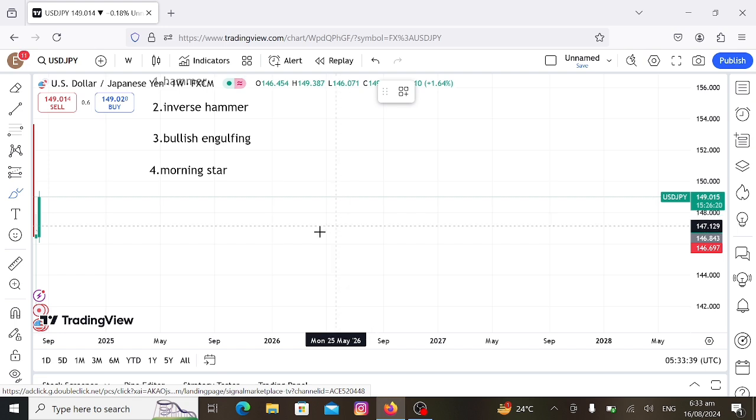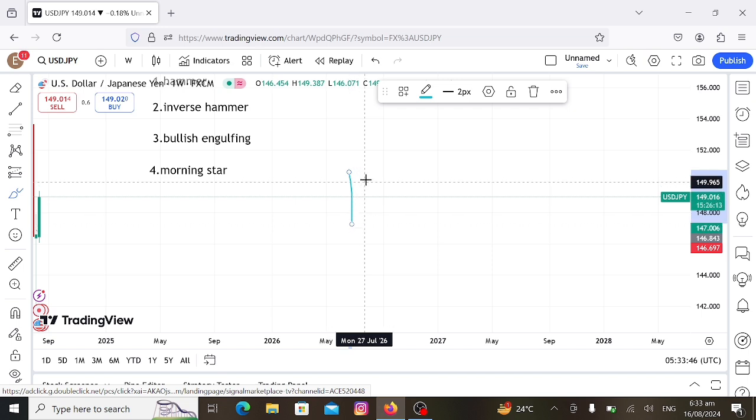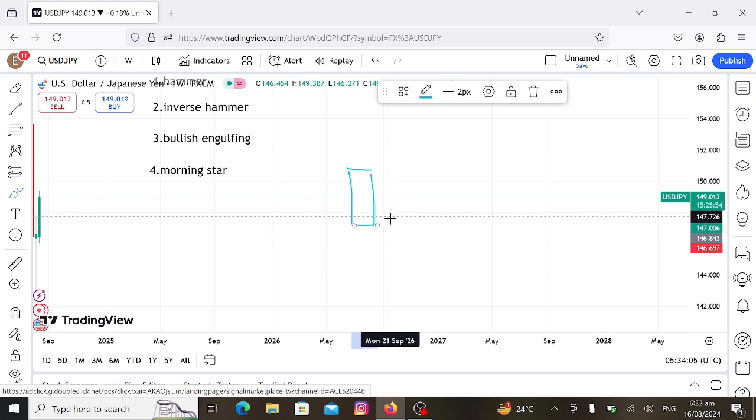First, you see a very long, big candlestick, a giant candlestick like this. Then you see a smaller one at the center, smaller.